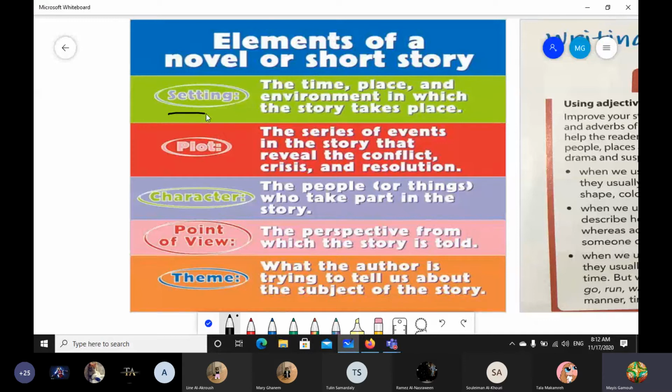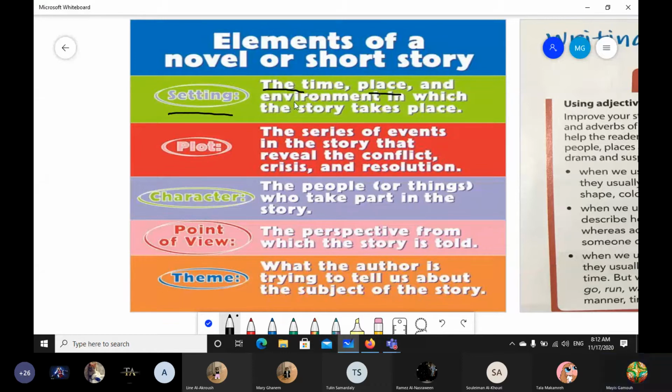The first one we will be talking about is the setting. When we write or when we read a story, we know that it has to have a setting, and it means the time and the place of the story. So when the story happened and where the story happened.